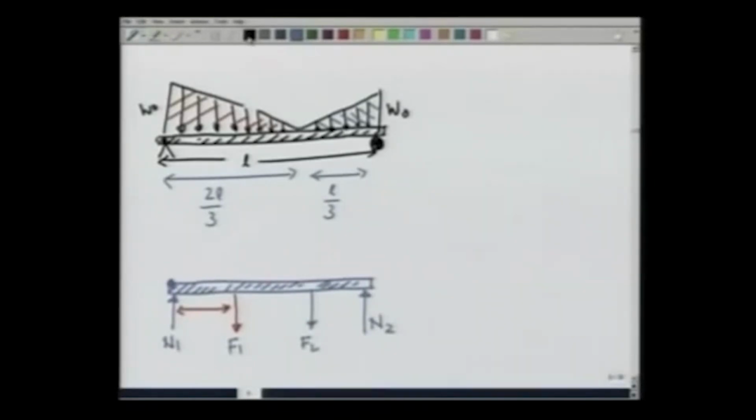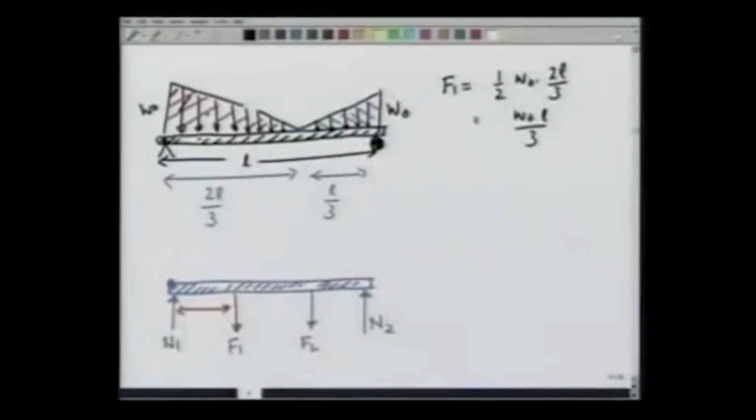Now, what we did earlier, I can take F1 to be acting at the centroid of this first triangle. F1 is going to be equal to 1/2 W0 times 2L by 3, so this is going to be W0 L by 3. And where does it act? It acts at the centroid of this triangle.